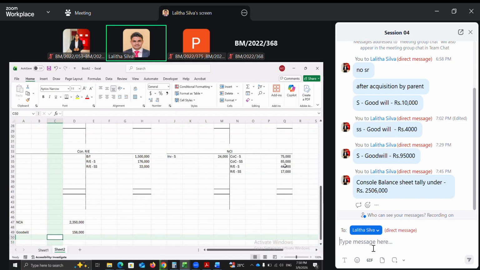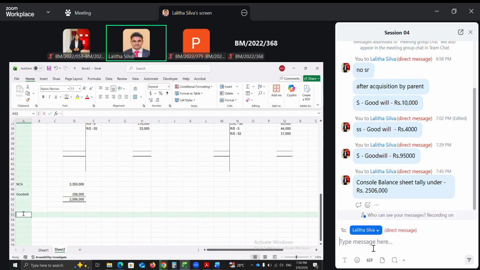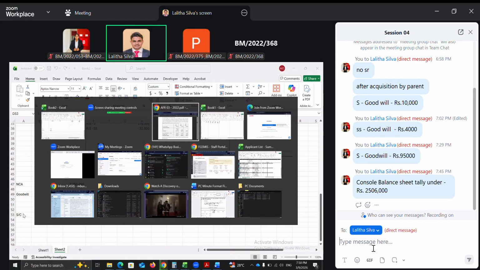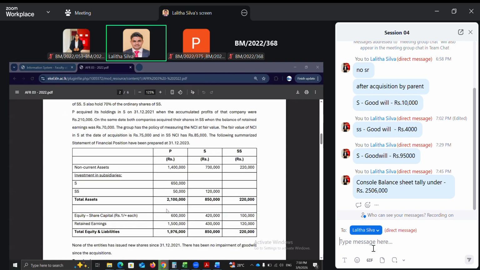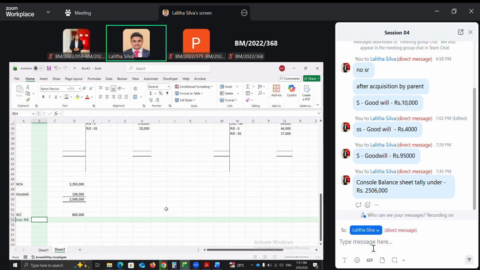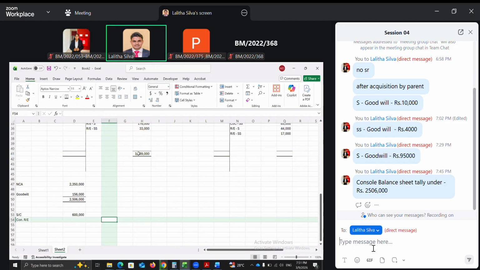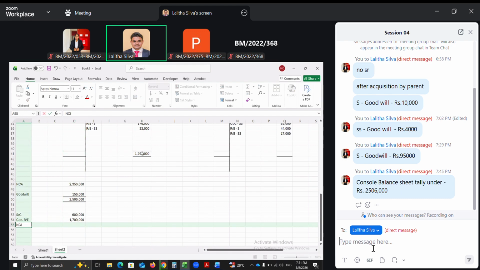Okay, that represents the total assets. Okay, we'll see the equity, the stated capital, 600. My consolidated retained earnings, NCI.